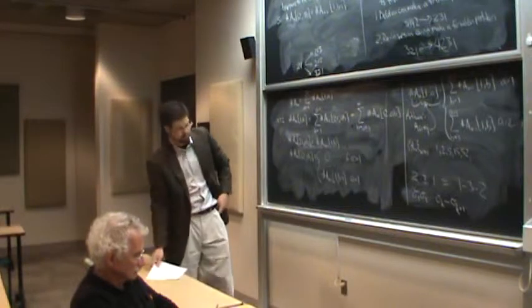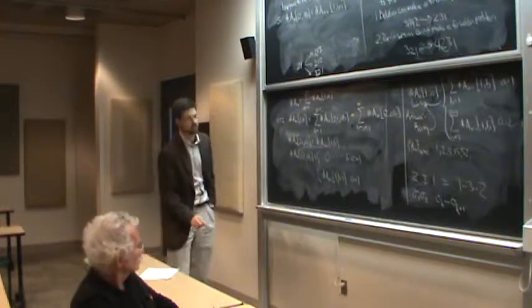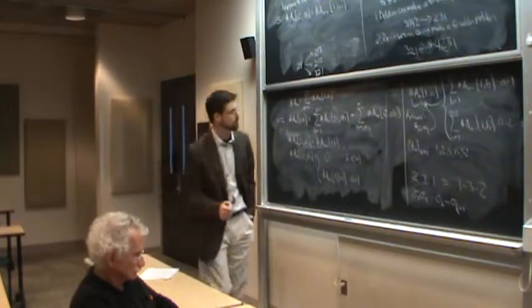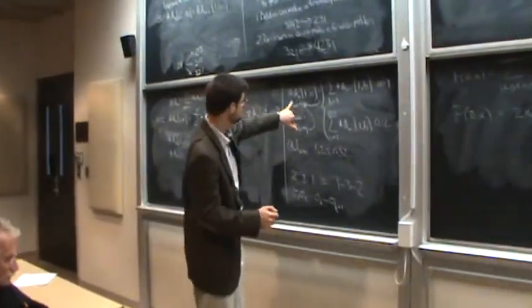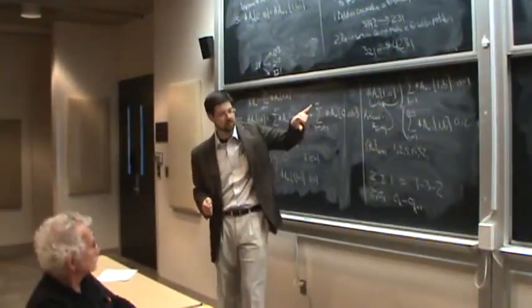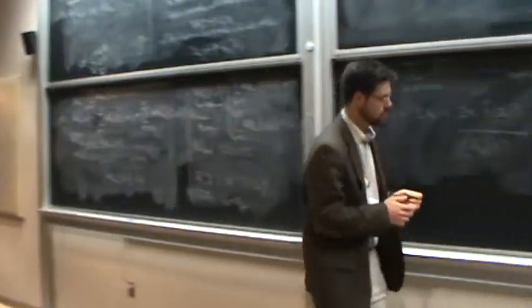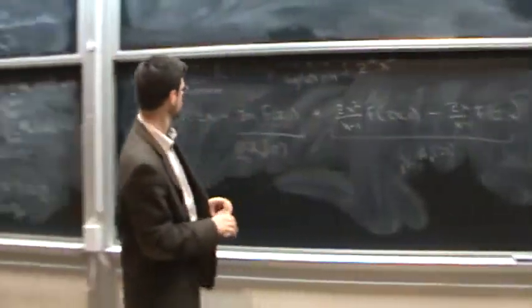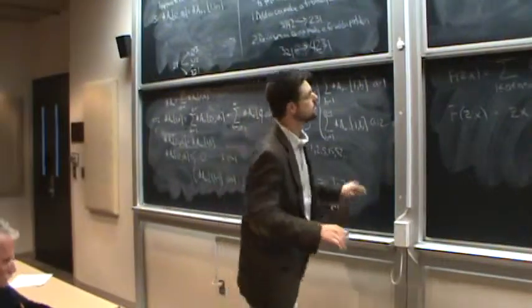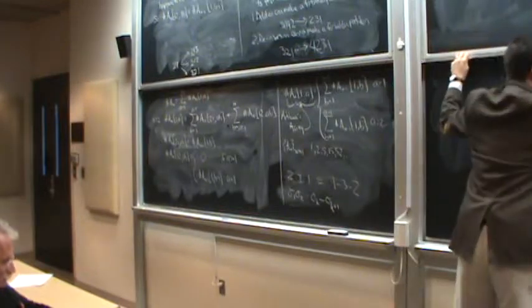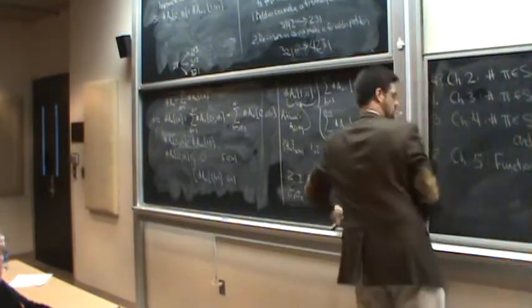For the last 5 minutes, I'd like to summarize what I do with chapter 4. And it's really a refinement of this. It's something looking at this a little bit more carefully. Let's cut this down so I don't really need it anymore.